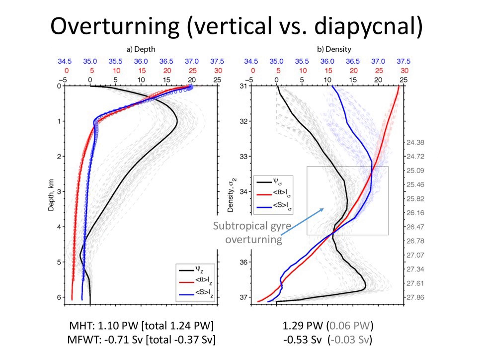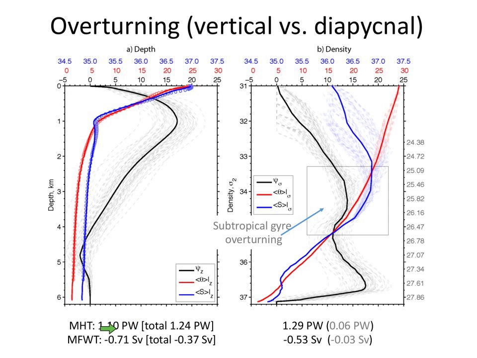So here, go back to 26 north. To the left, I'm showing the vertical overturning. So here we have 3 lines. The black line shows the meridional overturning stream function, and the red shows the vertical profile of zonal mean temperature, and the blue line is the salinity.